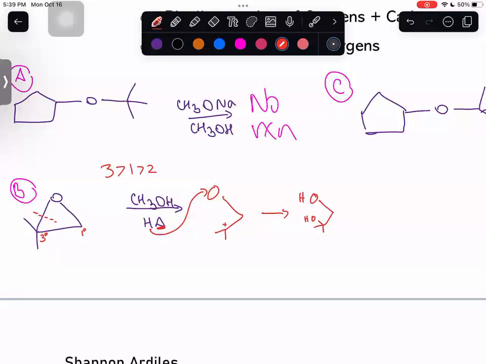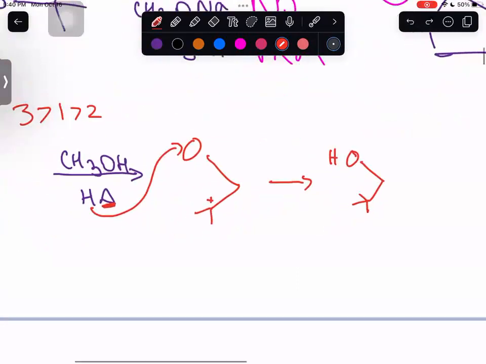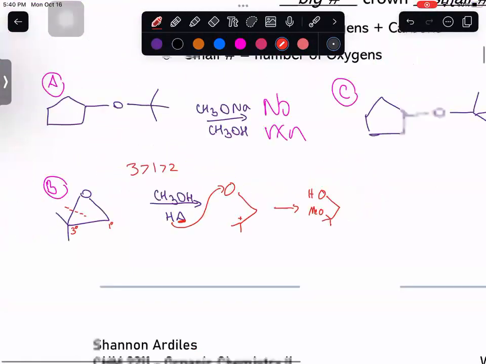Whatever's on top of the arrow, that alcohol group, is going to be connected there. We're not going to be adding an alcohol group in that case. So instead of that alcohol group that you just drew, it would be an oxygen with a methyl group. So do not always assume that you're going to end up with two alcohol groups. You're always going to end up with one alcohol and one whatever's on the arrow.